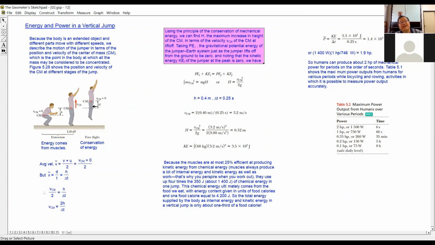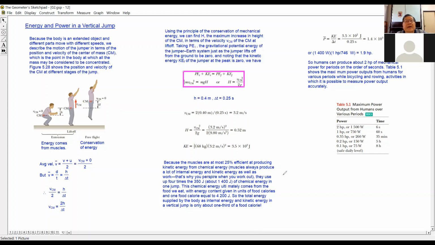So during this stage, we can use the principle of conservation of energy. The equation is this: the initial potential energy plus the initial kinetic energy is the final potential energy plus the final kinetic energy.